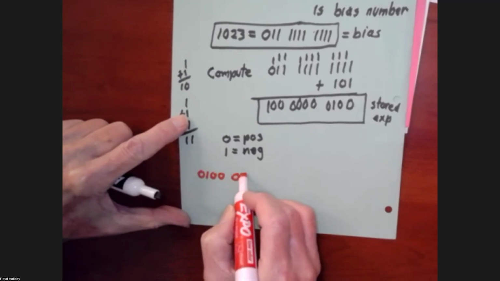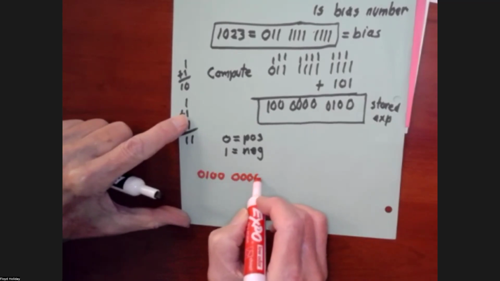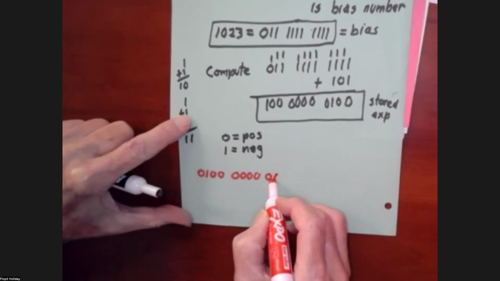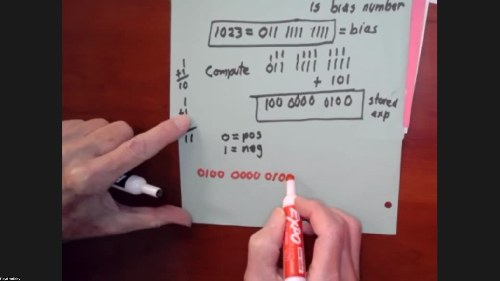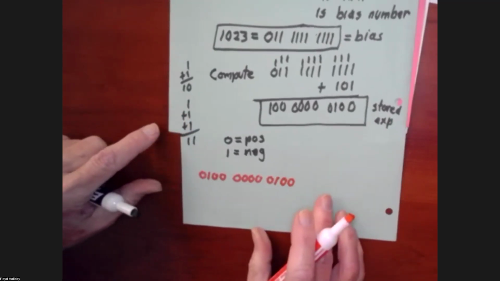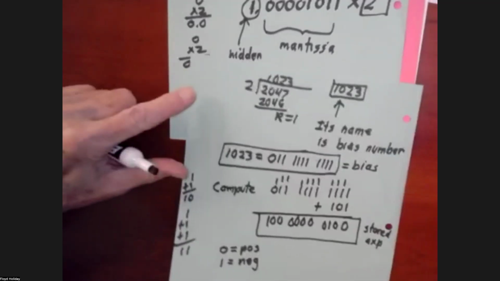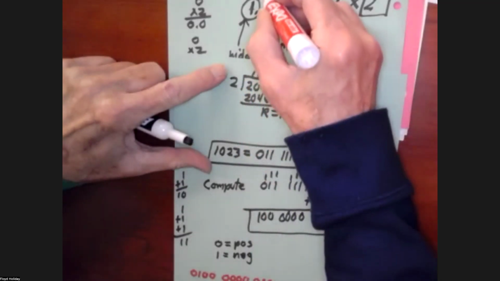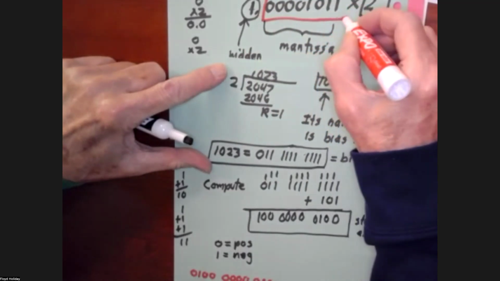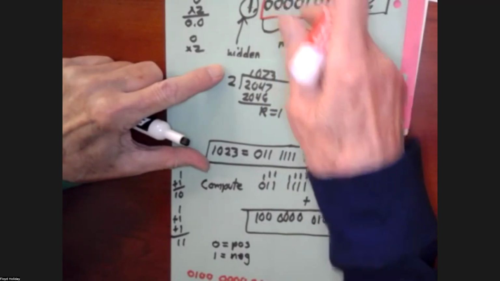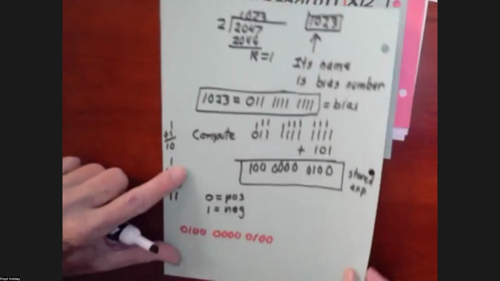Then it keeps going. And then you look back at your scientific form, which is here, and you copy that into the register. It just looks like 4 zeros and then some other data.